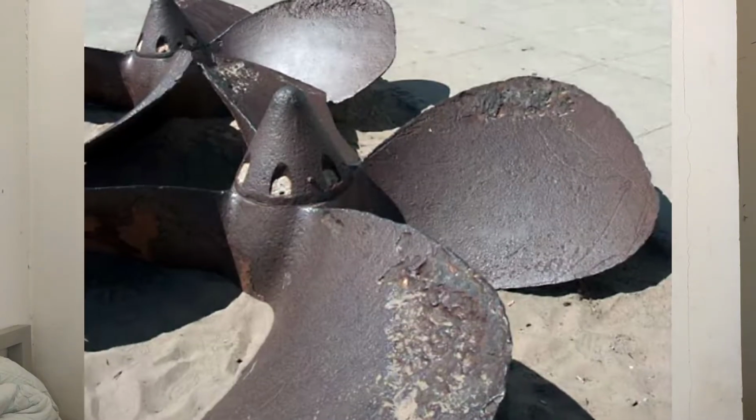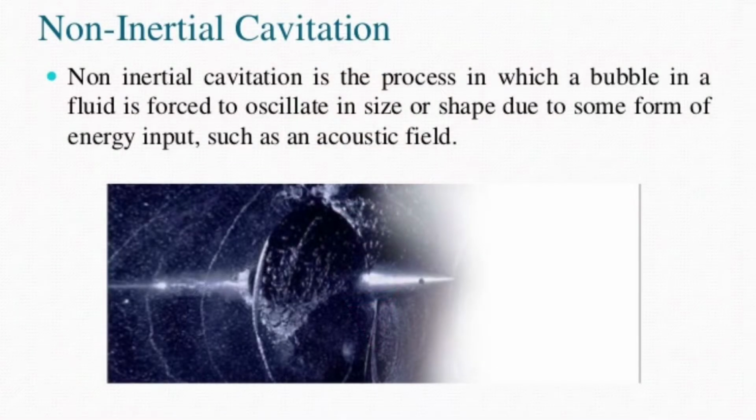In man-made objects, it can occur in control valves, pumps, propellers and impellers. The second type is non-inertial cavitation.